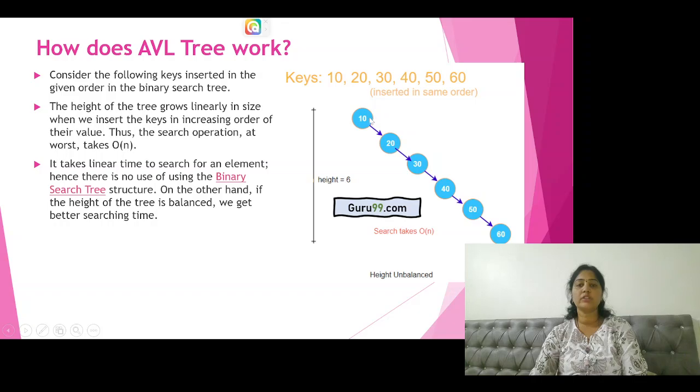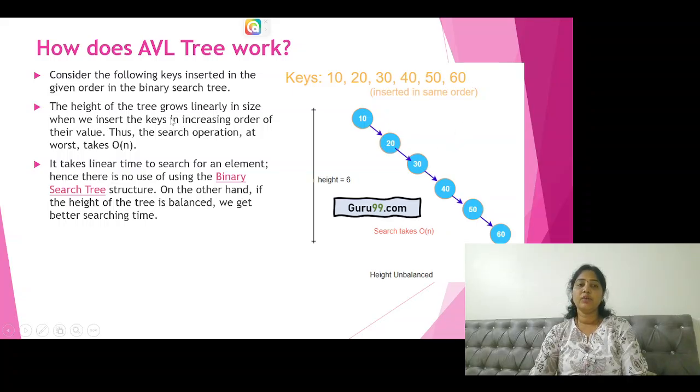And 30 is also greater than 10 and greater than 20, so it will be inserted on the right side of 20. Next comes 40. 40 is greater than 10, so it takes right, and it is greater than 20 and greater than 30, so it will be inserted on the right side again. Similarly 50 and 60 also.